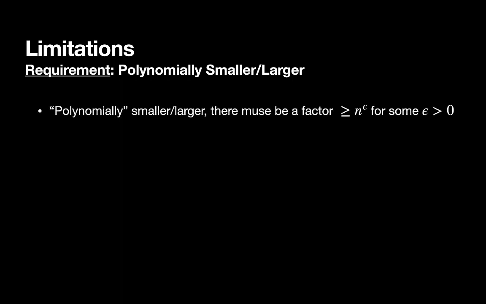Another assumption that we're relying on is that there's a polynomial difference between our functions, between our big O and big omega. So that we're either polynomially smaller in the big O sense or polynomially larger in the big omega sense. What that really means is that there's some factor and some exponent, where that exponent's greater than 0, of difference.